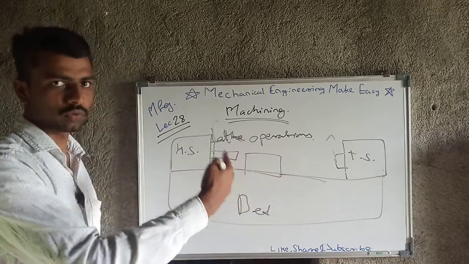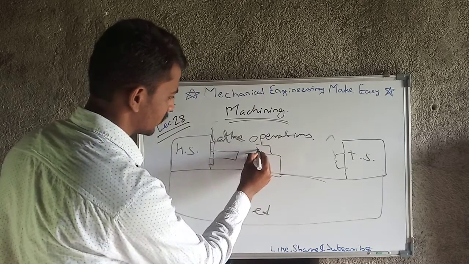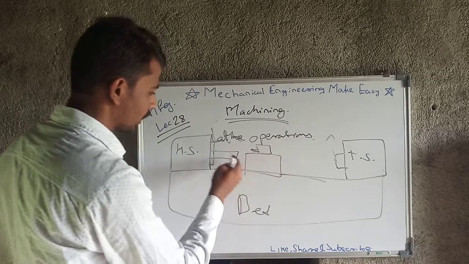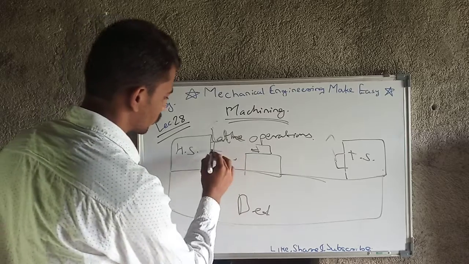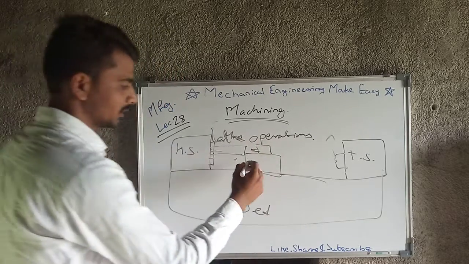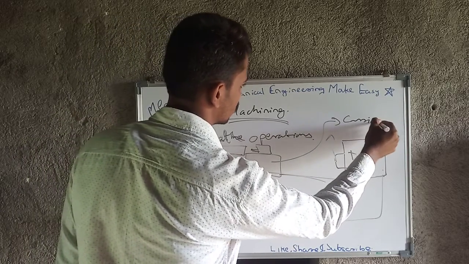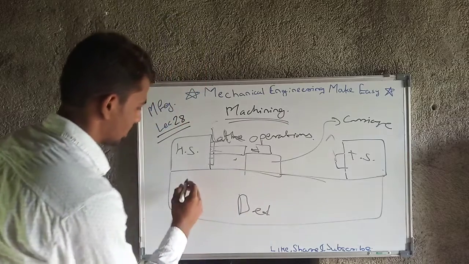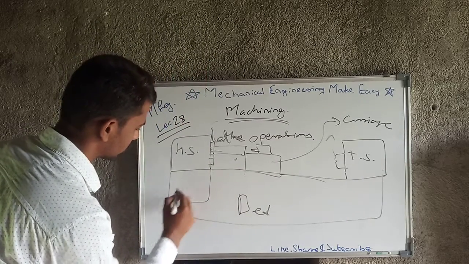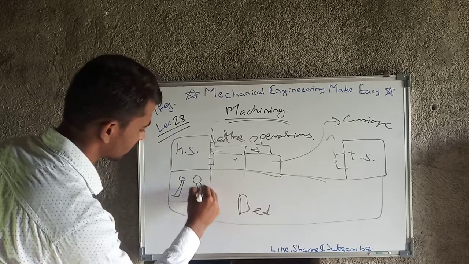That carriage will have one tool mounting position, for example here, and here we can mount the tool, and according to that we are going to machine. This is carriage. Okay, and here the gears will be there, the gear shifting mechanism will be there.